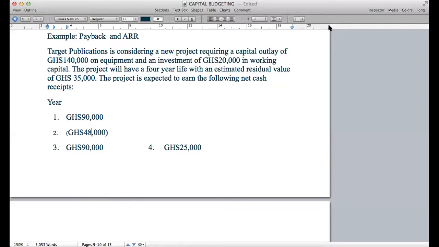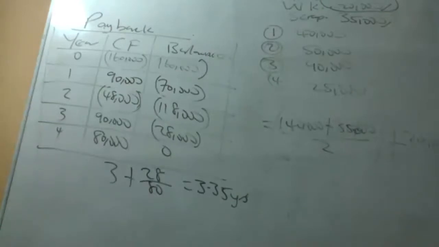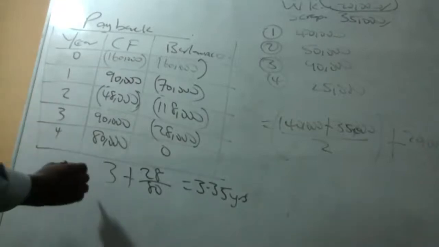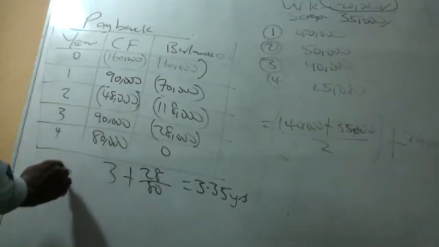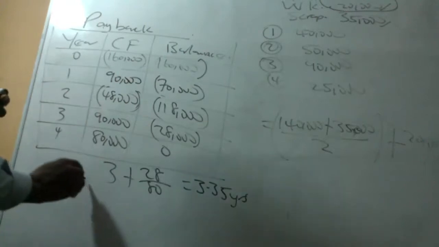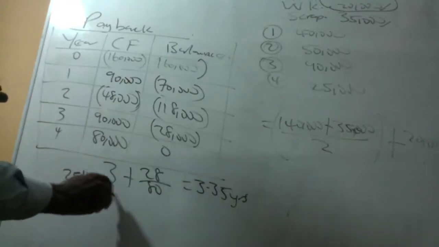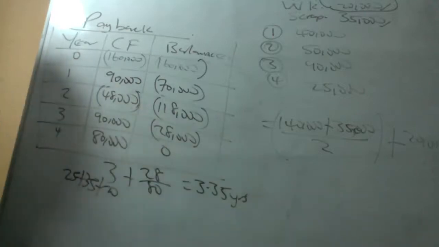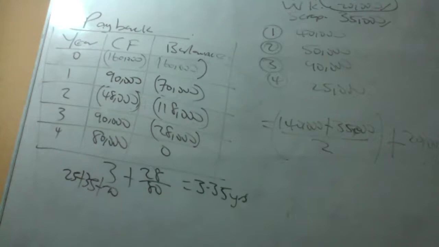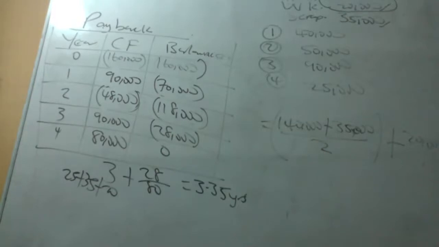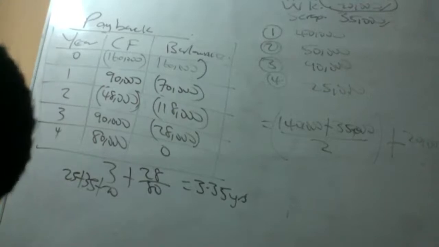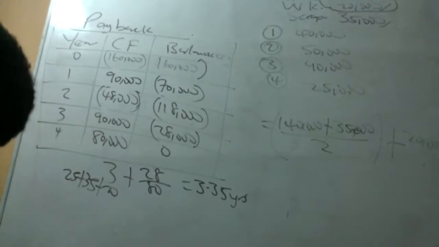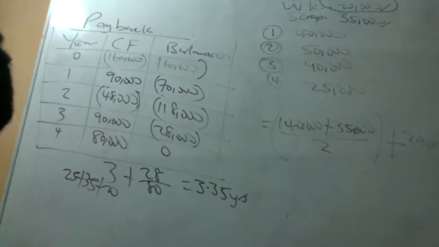Good. So year 4 is still 80,000. How do you get the 80,000? The cash flow over there is 25,000, right? Plus 35 plus 20, giving us 80,000. Yes, the cash flow for year 4 is 25,000. But because there's a scrap value in the question, it's 35, so you add it to the cash flow at the end of the period.